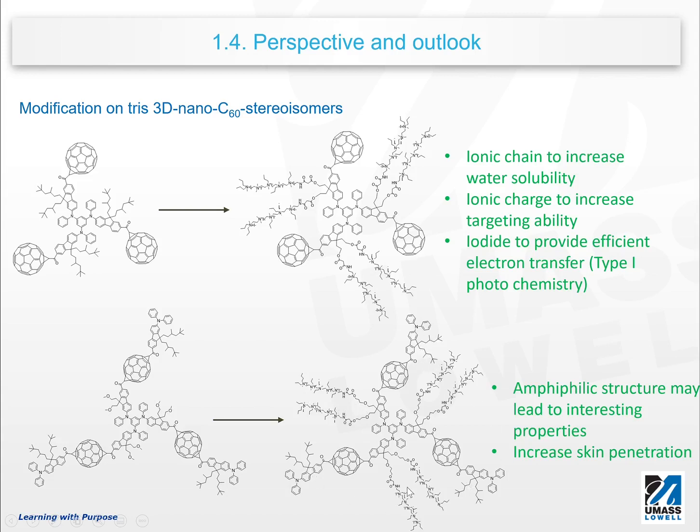In this way, we will have an amphiphilic structure, so the inner part will become hydrophilic and the outer part will become hydrophobic. And this type of molecule might have more interesting properties, such as micelle self-assembly, and the amphiphilic structure might also increase the skin penetration.